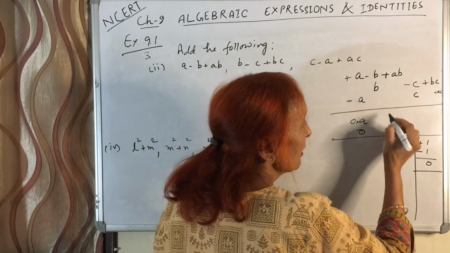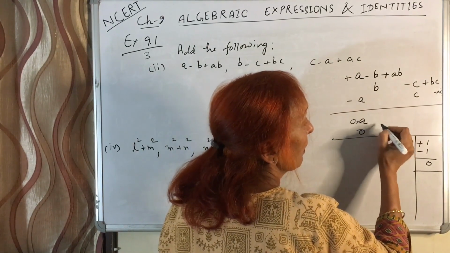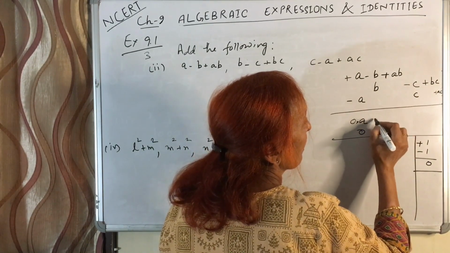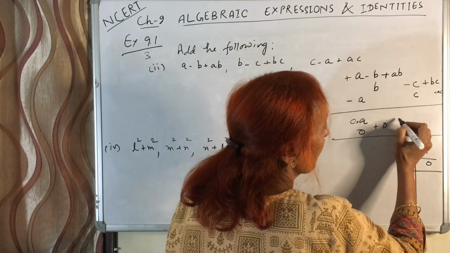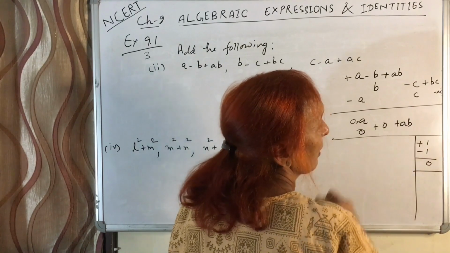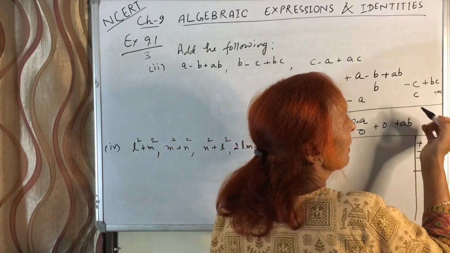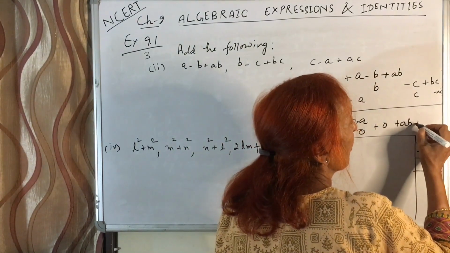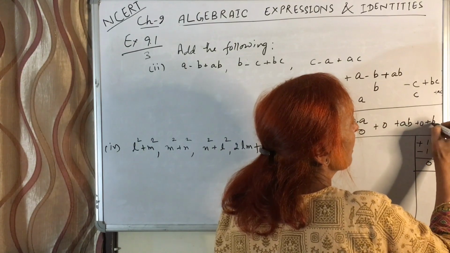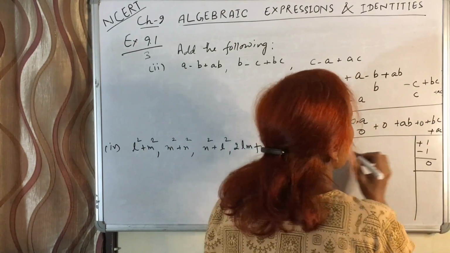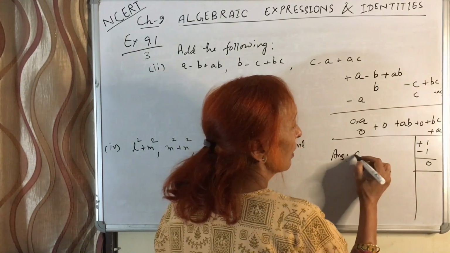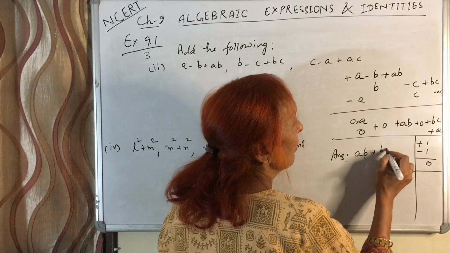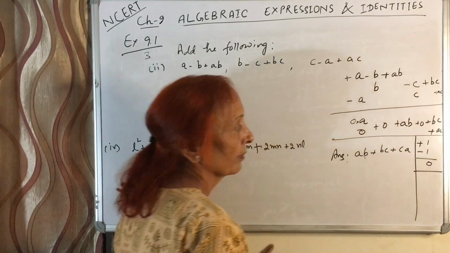Same minus b plus b, 0 b, so that is 0. Plus ab, nothing here, so this is plus ab. C minus c, 0 cancels out, plus bc plus ac. The answer is 0. We need not write in the answer. So answer is ab plus bc plus ca.